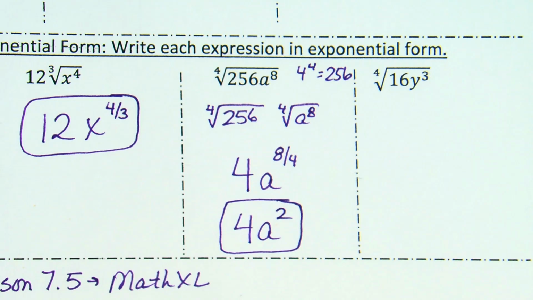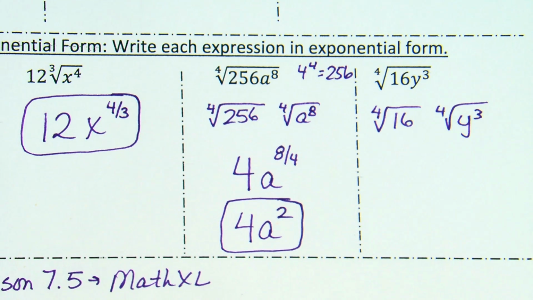Okay, one more. The 4th root of 16y to the 3rd. Does it help if I make you think 4th root of 16 times 4th root of y to the 3rd? Okay. 16y to the 3/4. Right?